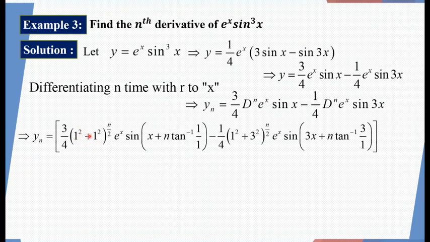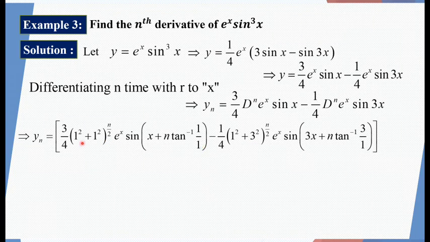So the nth derivative equals 3 by 4 as it is, r is (1 squared plus 1 squared) power half, raised to n, e raised to power x sine(x plus nα), and we have α equals tan inverse b upon a. Here in the first case b and a are both 1, so it will be tan inverse 1 upon 1, while in the second case a is 1 and b is 3, so it is 3 by 1, and similarly r can be replaced as (1 squared plus 3 squared) power n by 2.